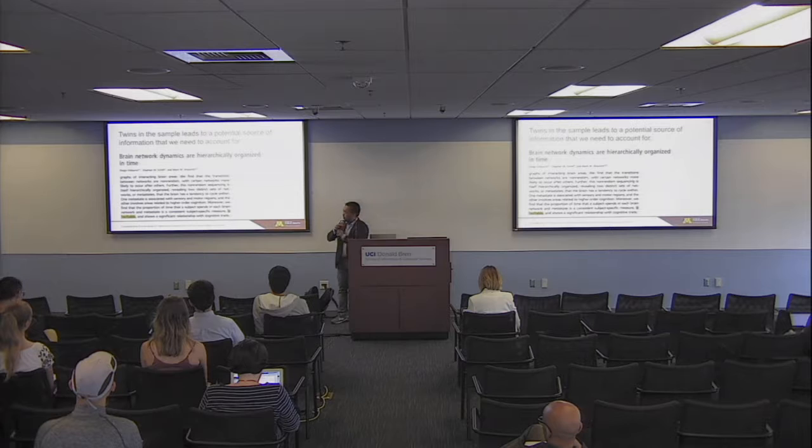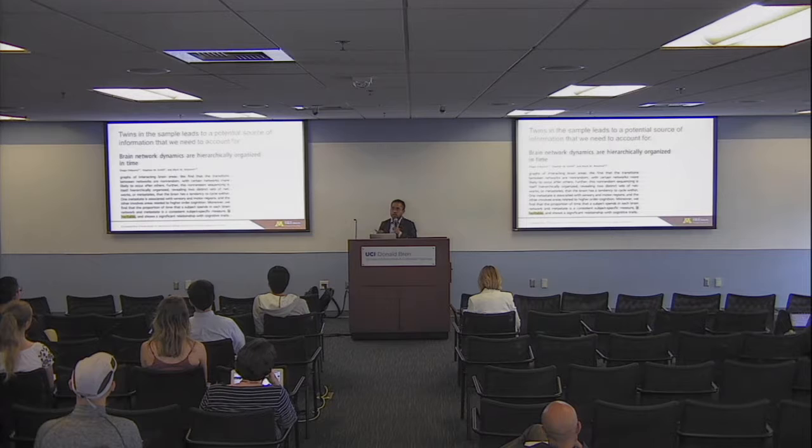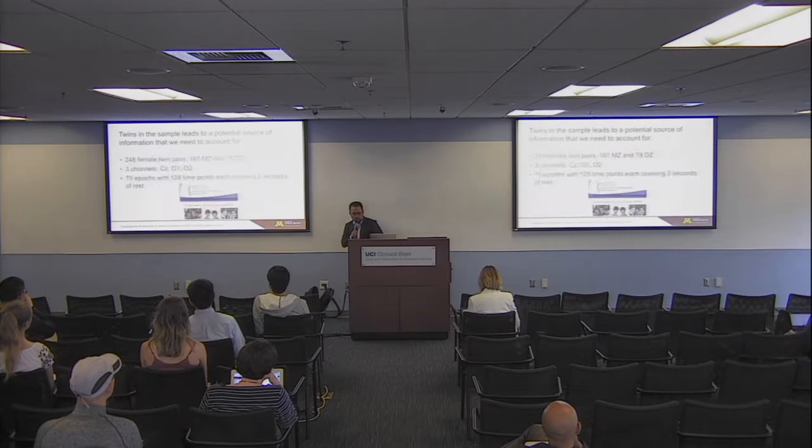The point I'm trying to make is that they were essentially showing that dynamic connectivity has some heritable properties. I believe they did this in fMRI, and we're going to do this in EEG.